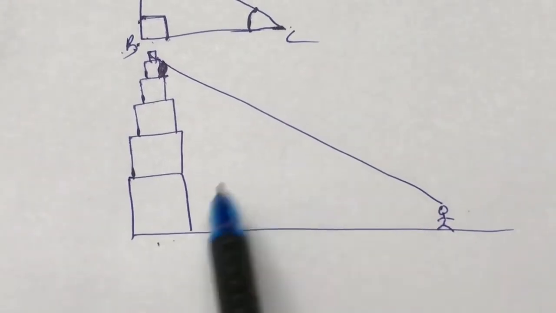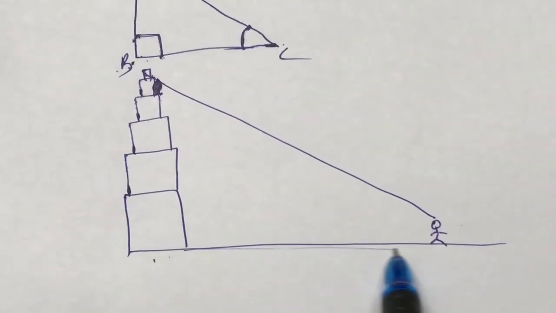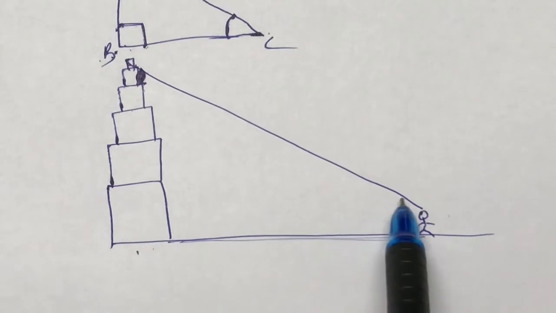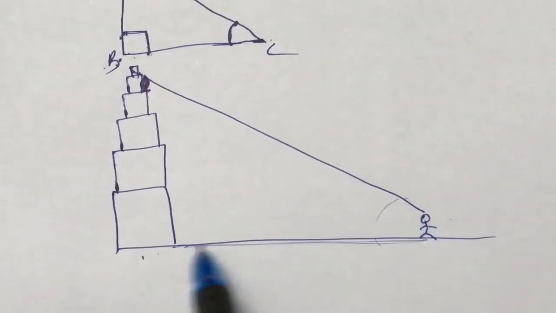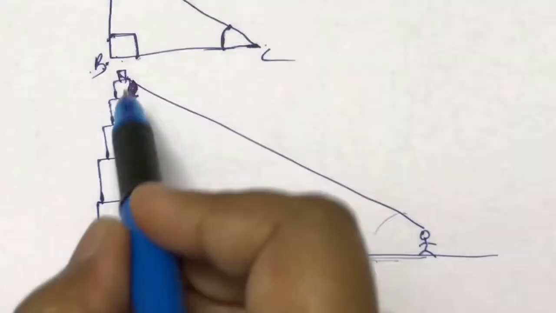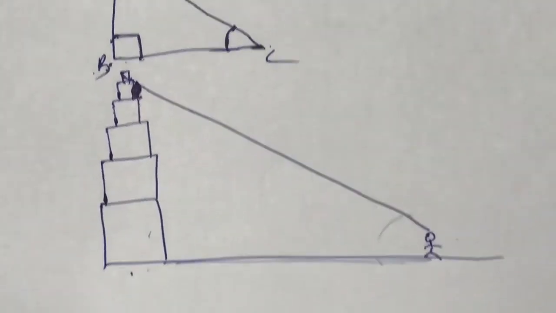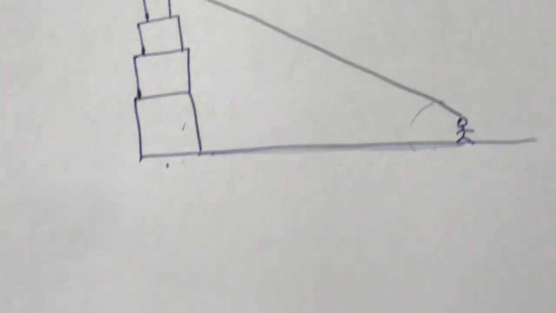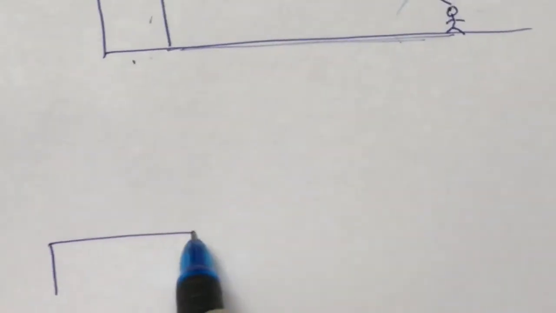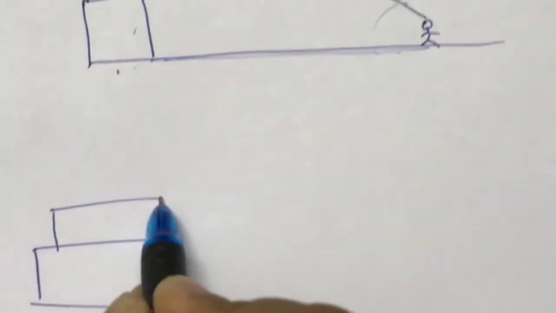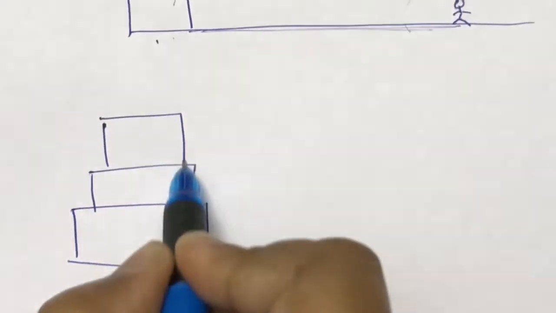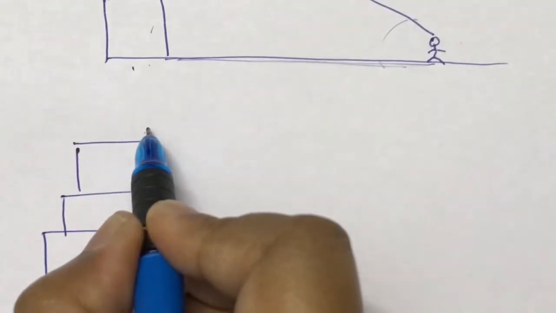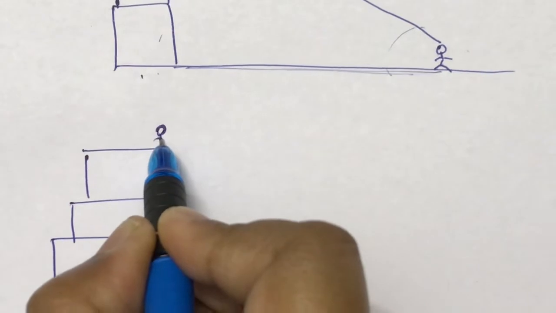And what is the condition? The condition is you should know this particular distance and what angle it forms with the base. Then you can find out the height. Or take another case, like you are on the third floor of your building. This is your building, and you are in the balcony on the third floor.